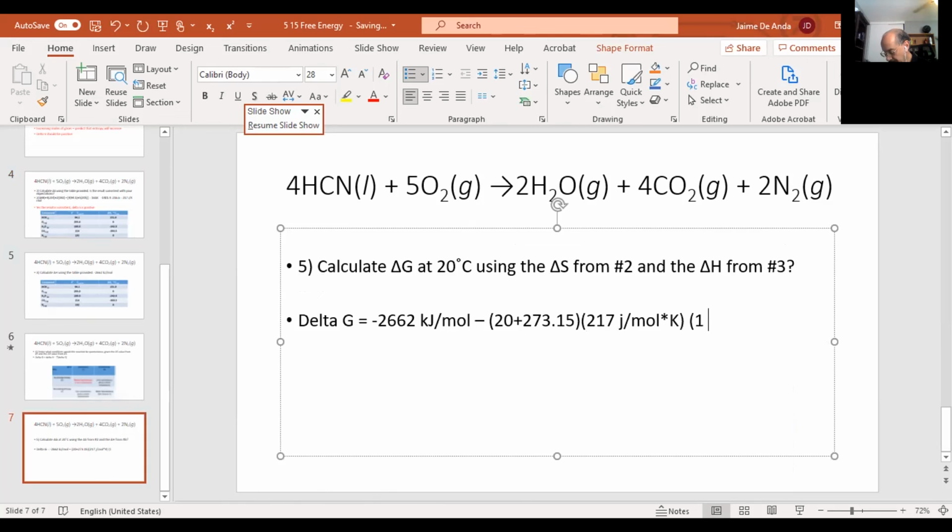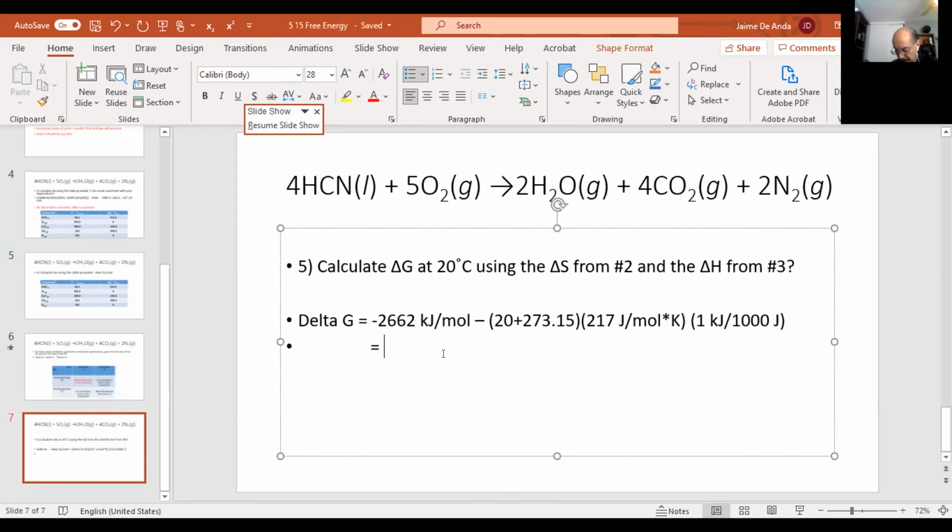So 1 kilojoule is 1,000 joules. And so let's see what we get. Oops, sorry, I put a small j here. This should be a capital J. All right, so we have 15.